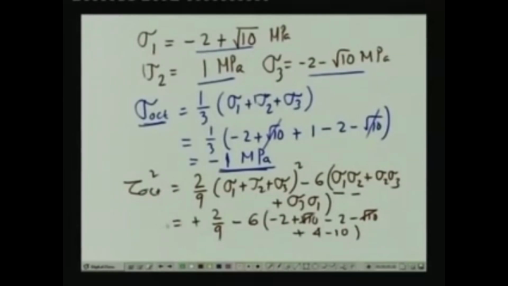So, the tau octahedral we get is equal to root of 78 by 3, which is equal to 2.944 MPa. So, these are the values of sigma octahedral and tau octahedral.